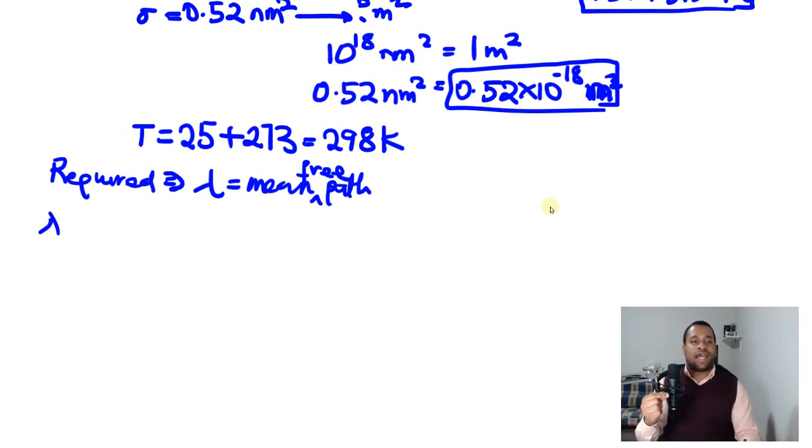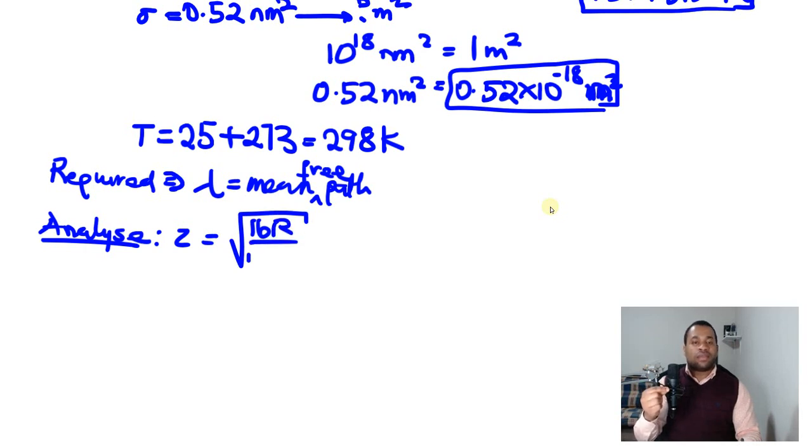Now, based on analysis, we notice that z is equal to the square root of 16, based on our previous video, RT over pi times the molecular weight.